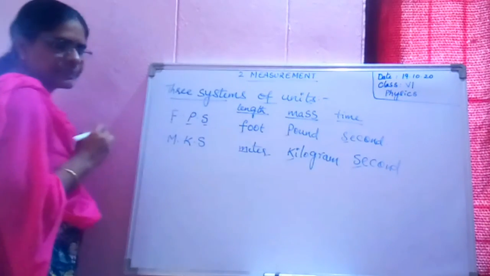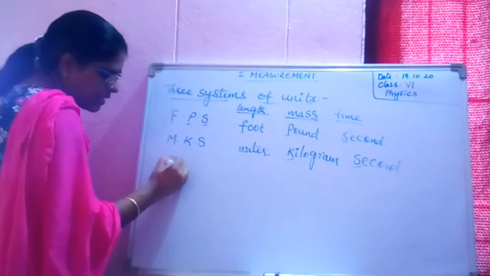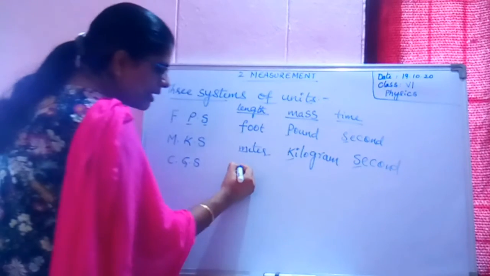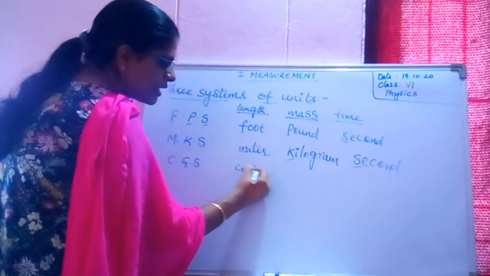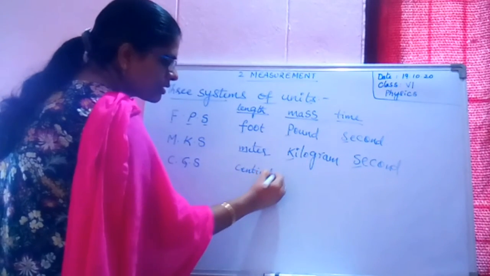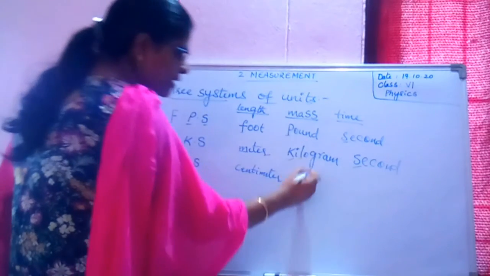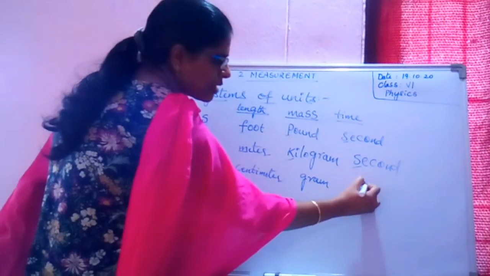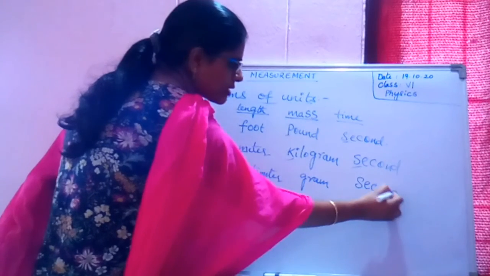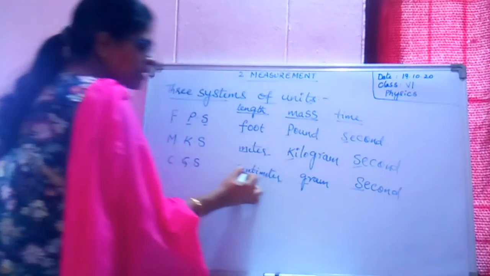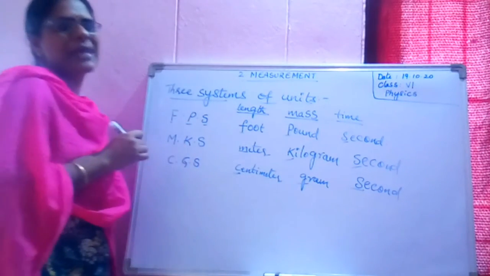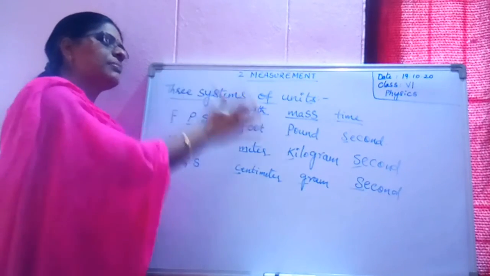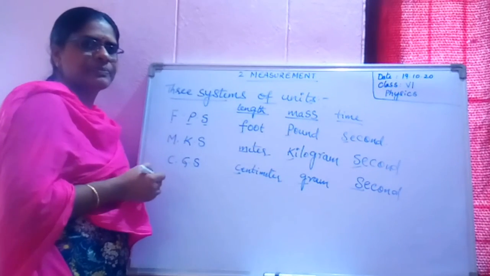Next, CGS system. Length in centimeter. Mass in grams. Time in seconds. Like this, we will be measuring length, mass and time.